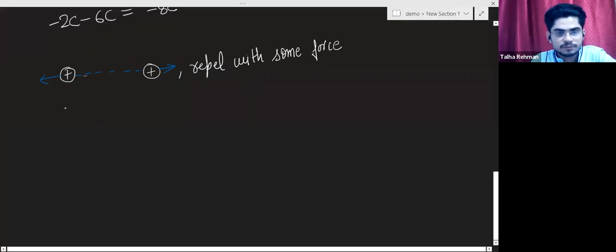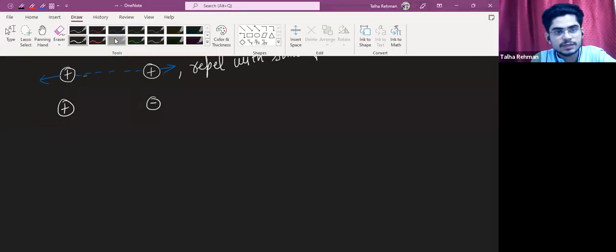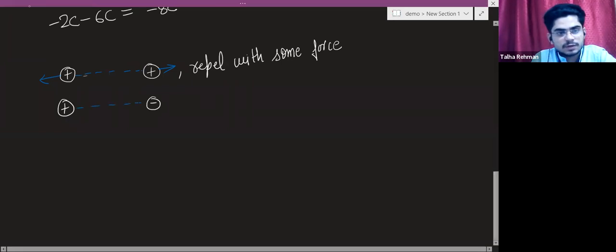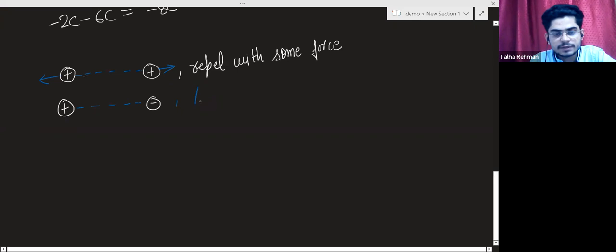Suppose there is a positive charge and a negative charge, again separated by some distance. Now this time they will attract with some force.